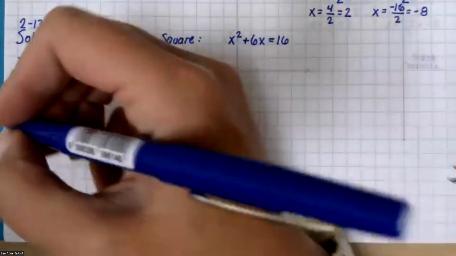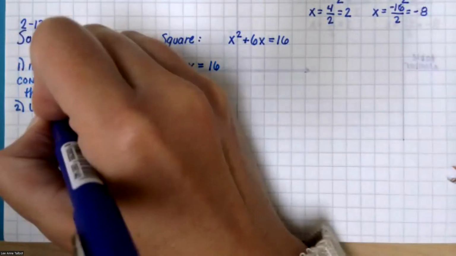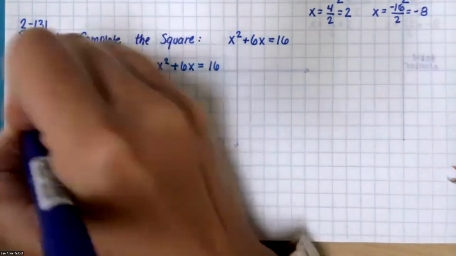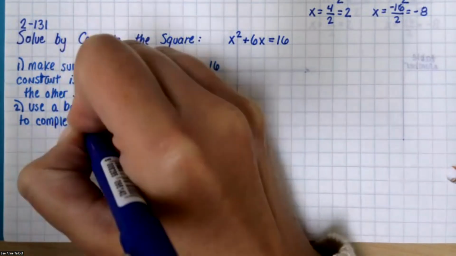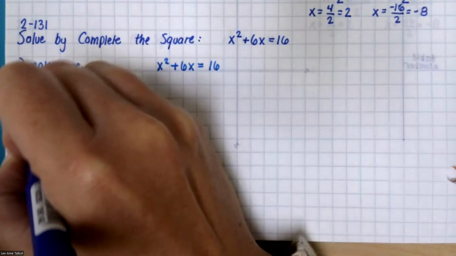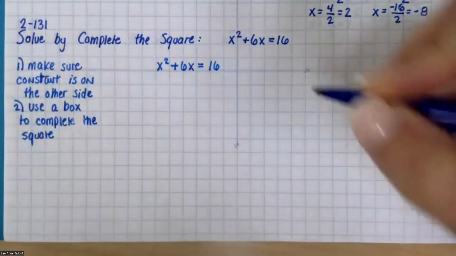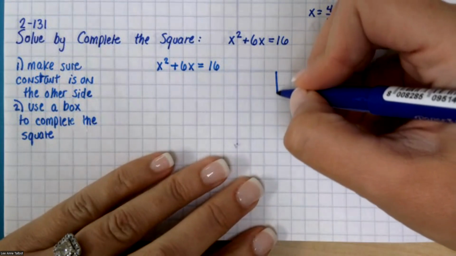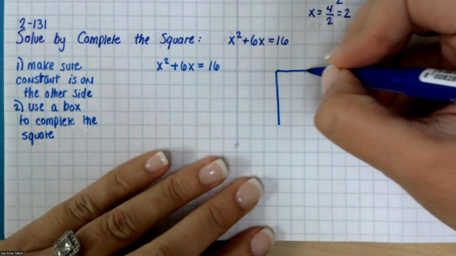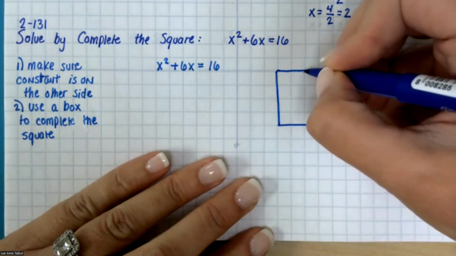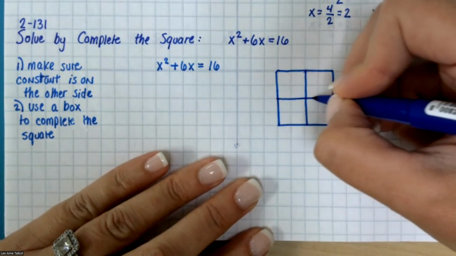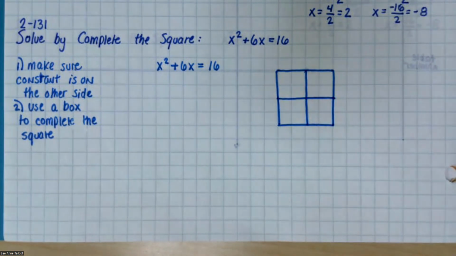But I'm going to do a box. And maybe you'll like my method after you see it once. Maybe you'll hate it. I don't know. But I don't really care. You don't have to do it this way.